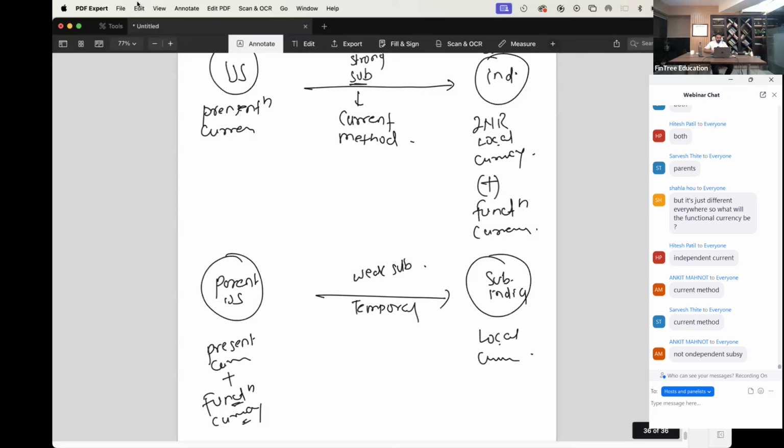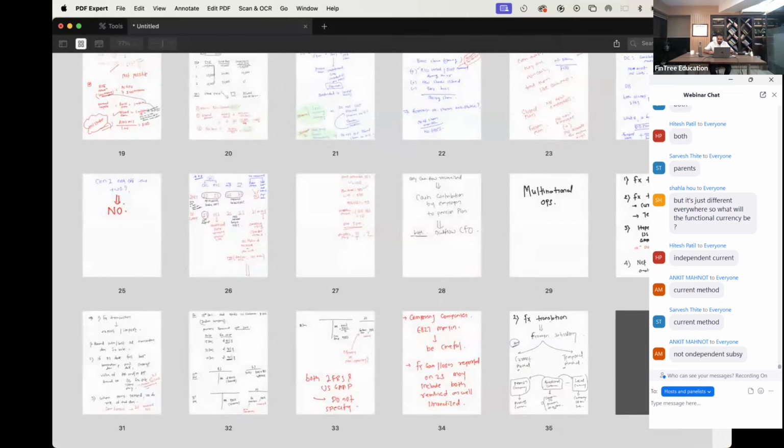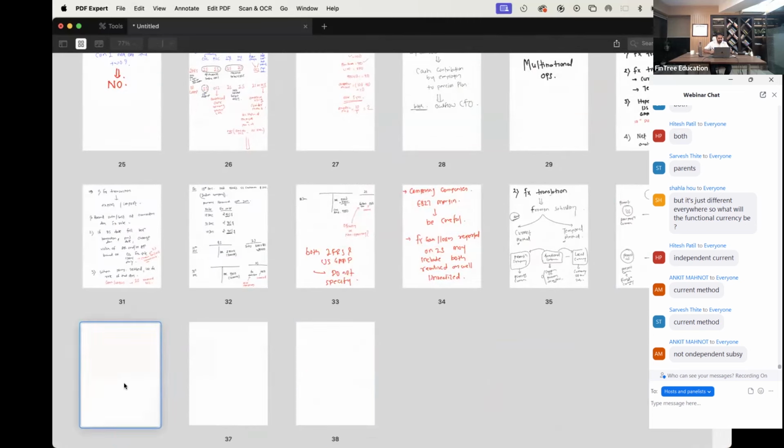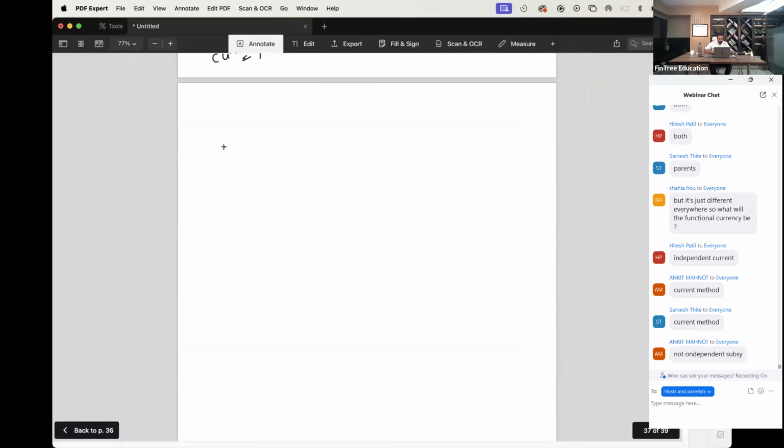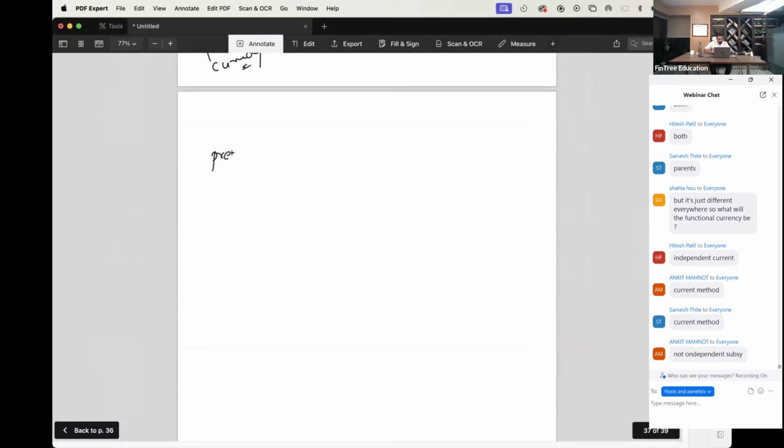So let's think about it. When do we use what type of method? If I am translating between presentation currency, functional currency, and local currency, let's say I have to convert from local currency to functional currency. Then which method? Temporal method.